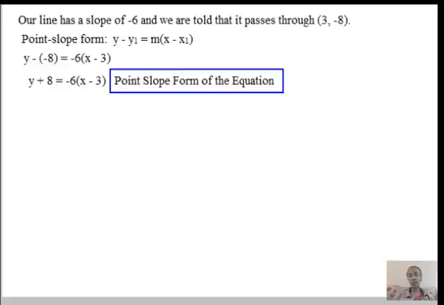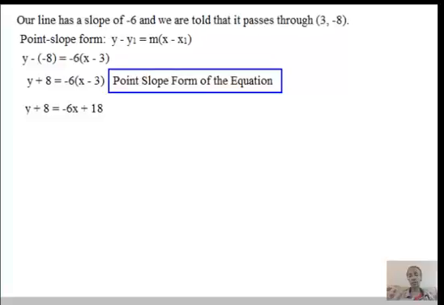The next thing that was asked for was the general form of the line equation. So we're going to distribute this -6 with the x minus 3 as our next step to obtain the general form of the equation. So we multiply x by -6 to get -6x, -6 by -3 to get +18.